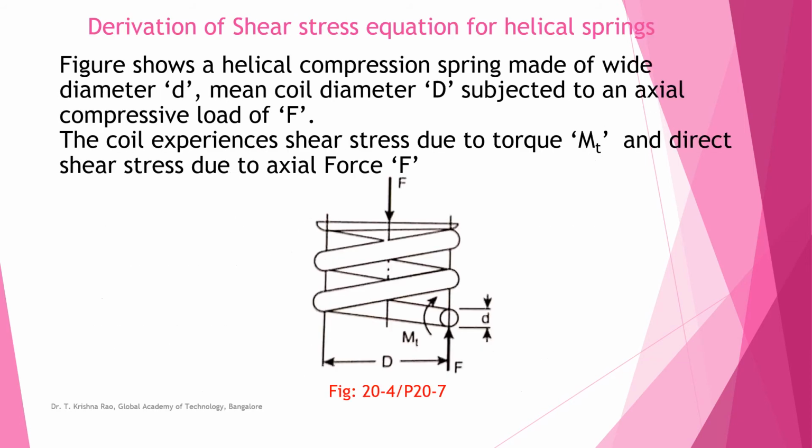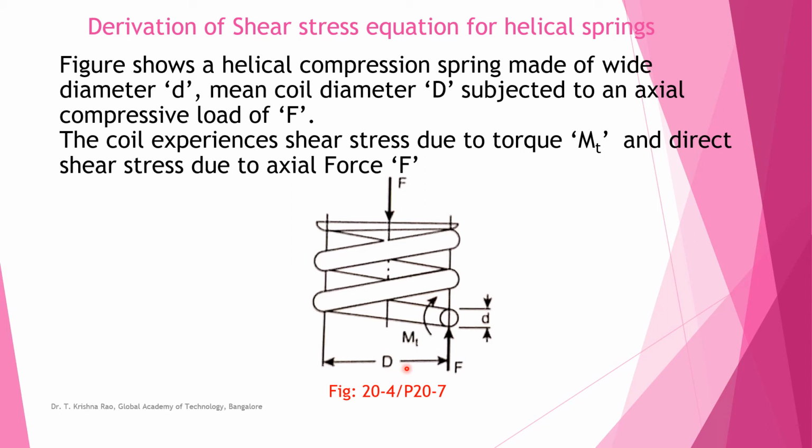Right. So there is a derivation for the shear stress induced in the spring. There is a figure given, 20-4, page 20-7. Apply a load F here, and there is a mean coil diameter and wire diameter. As we have seen, spring will always have two important dimensions, mean coil dia and wire dia.